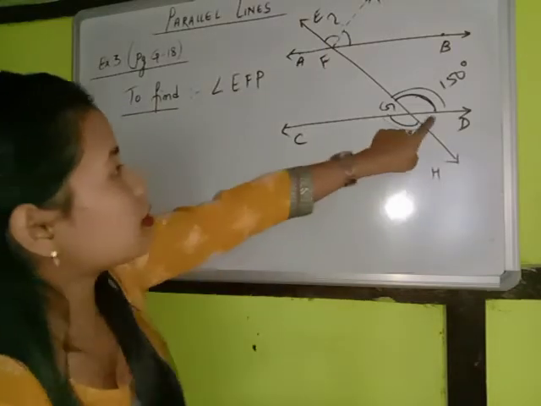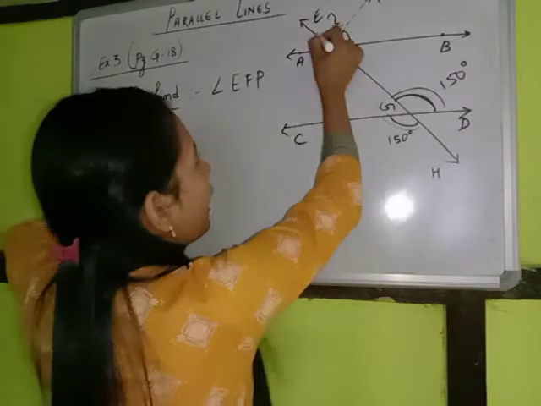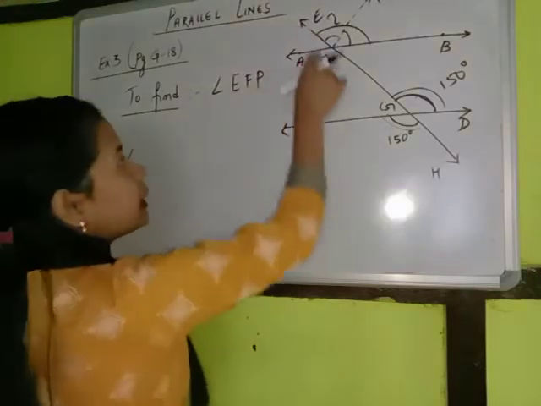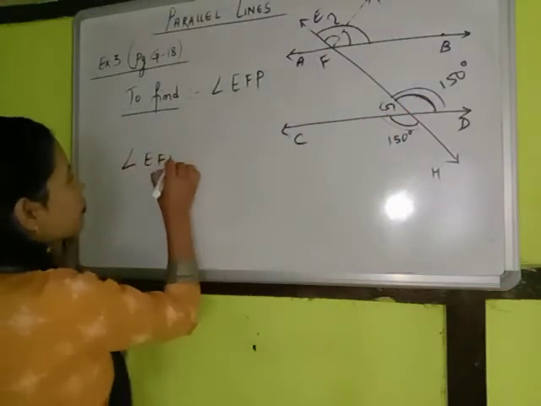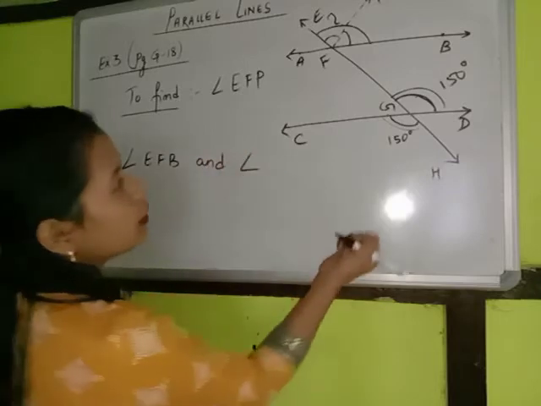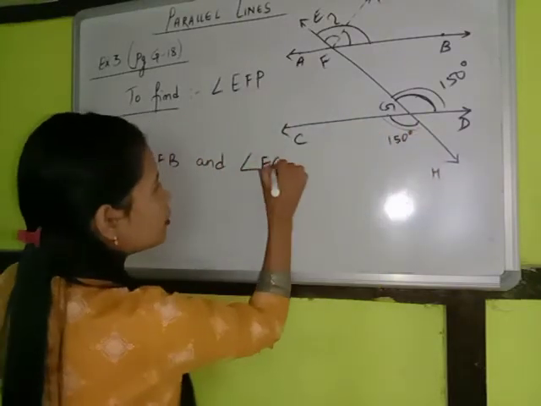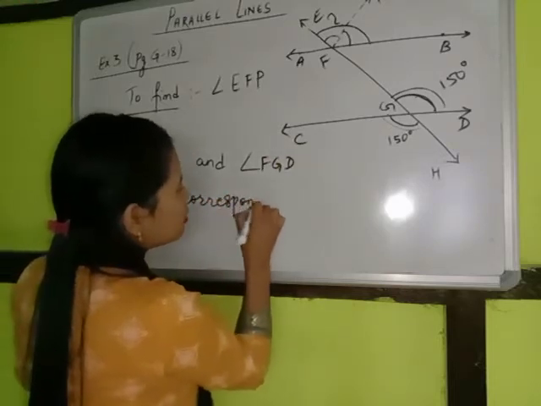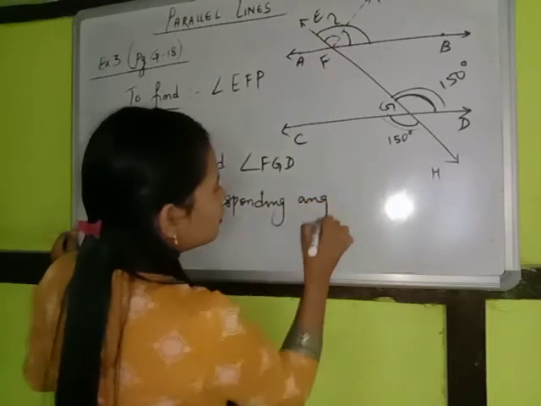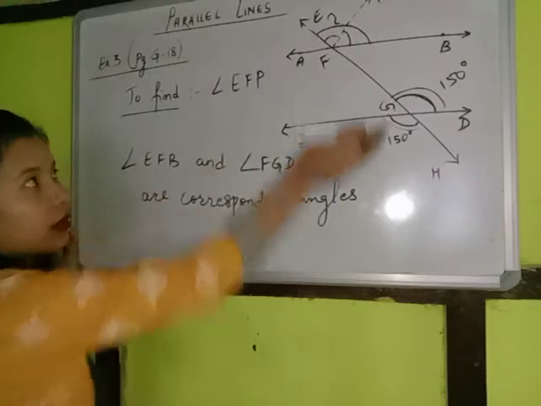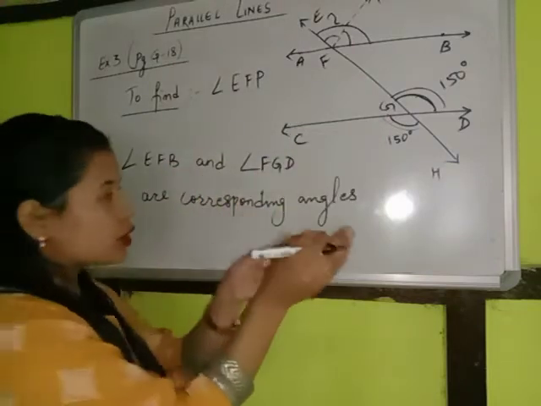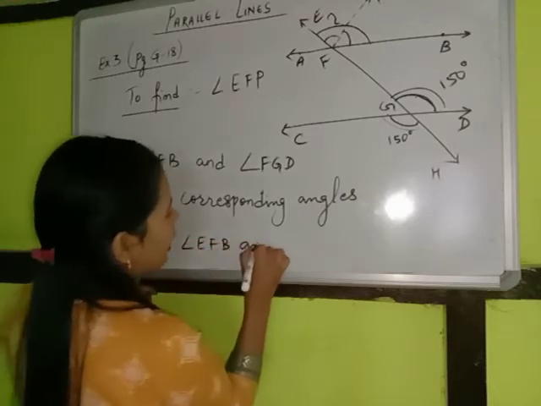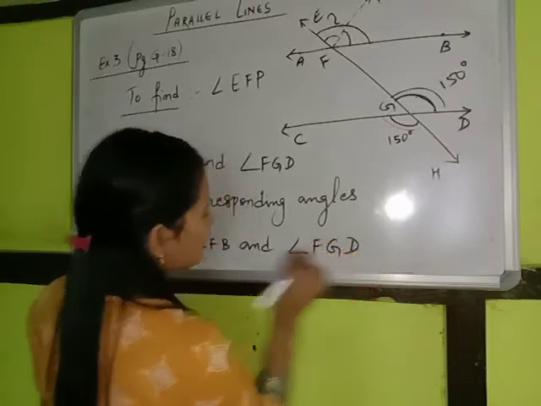Now if you see this angle, this whole angle, it is a corresponding angle. I name it angle EFB, and angle FGD. These two angles are corresponding angles, right? Because they occupy the same position. If these two angles are corresponding angles, then angle EFB and angle FZD are equal in measure.